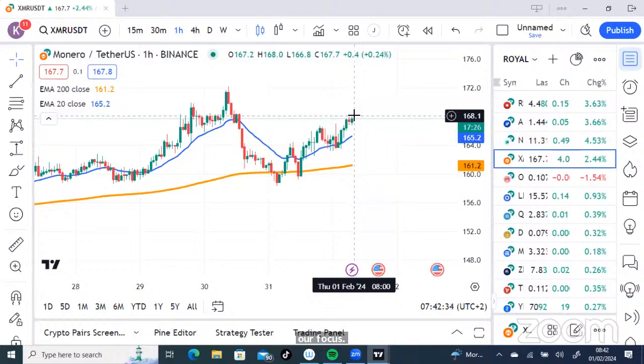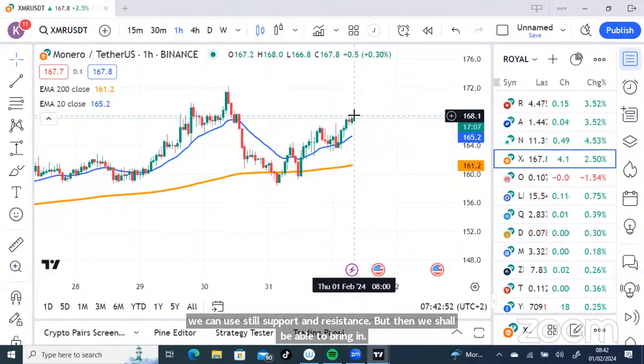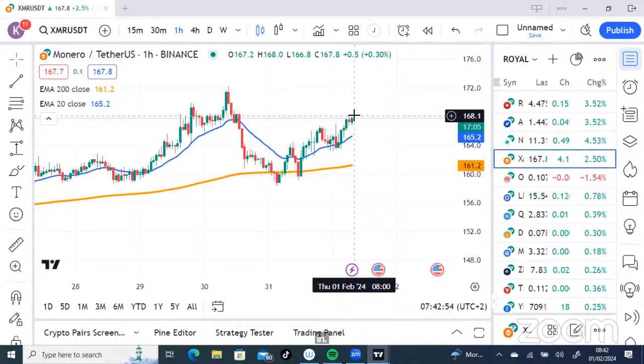Execution points, support and resistance, and areas of focus, where we can still use support and resistance, but then we shall be able to bring in indicators like the Fibonacci, the relative strength index, the Bollinger Bands to make better decisions.